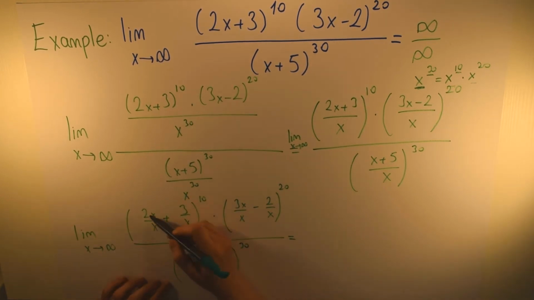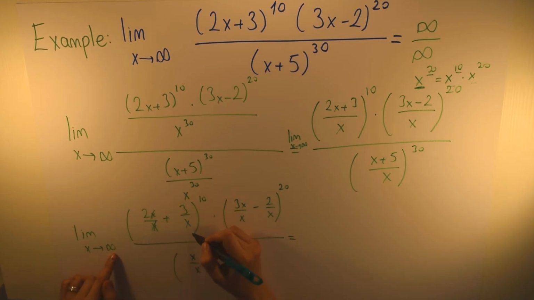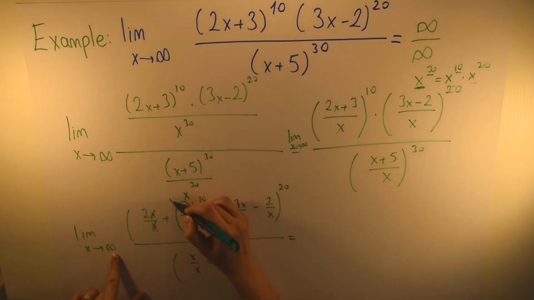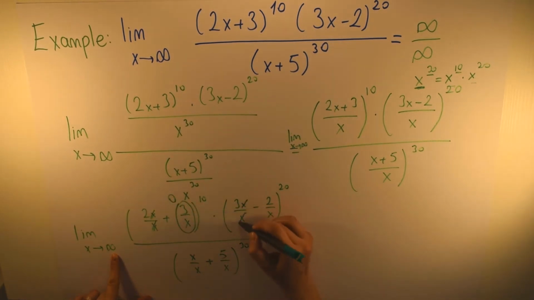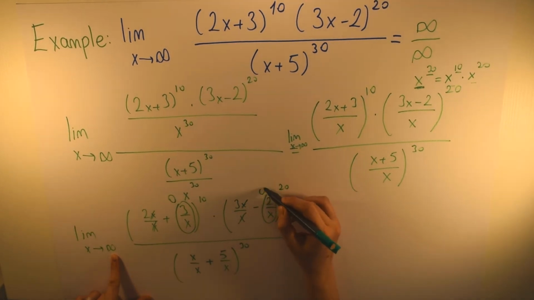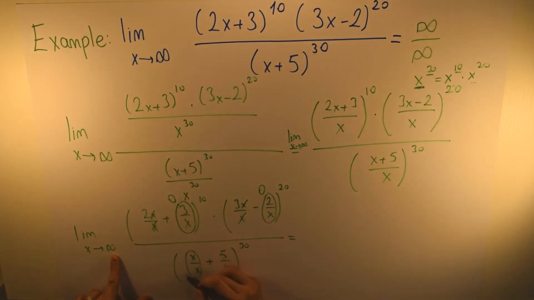Now we put infinity instead of x, so 3 over infinity is equal to 0, 2 over infinity is also equal to 0, and here we have 1, and 5 over infinity is also equal to 0.